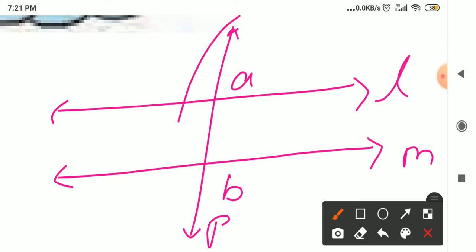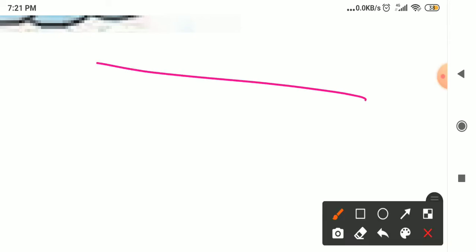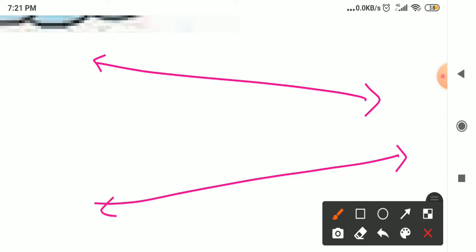The transversal is not only for parallel lines, the transversal is for non-parallel lines also. Suppose these two lines are not parallel to each other, okay, then also this is a transversal. A line which intersects two other lines in two distinct points is called a transversal.